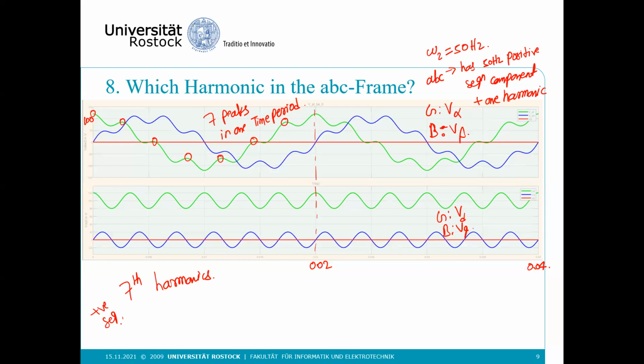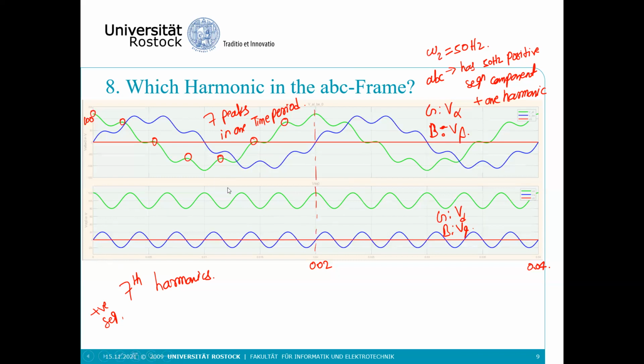It will have 7 positive peaks and 7 negative peaks, so you would see 7 positive and negative peaks in the alpha beta frame in the time domain also. You can do a little exercise on this; I'm just giving you hints. In the time domain, if you see the number of peaks, then you have that harmonic. Don't do any plus minus there.